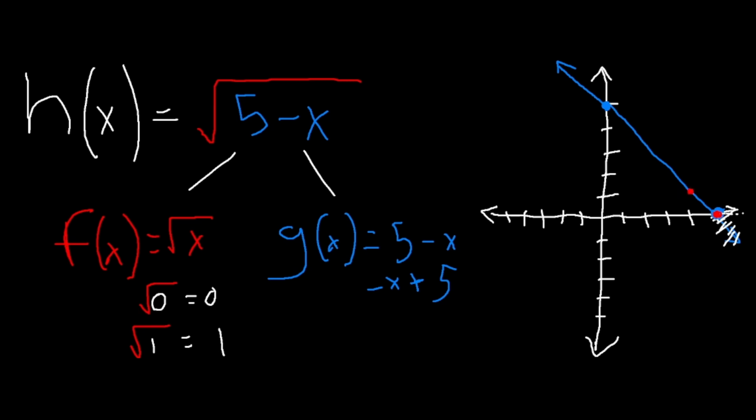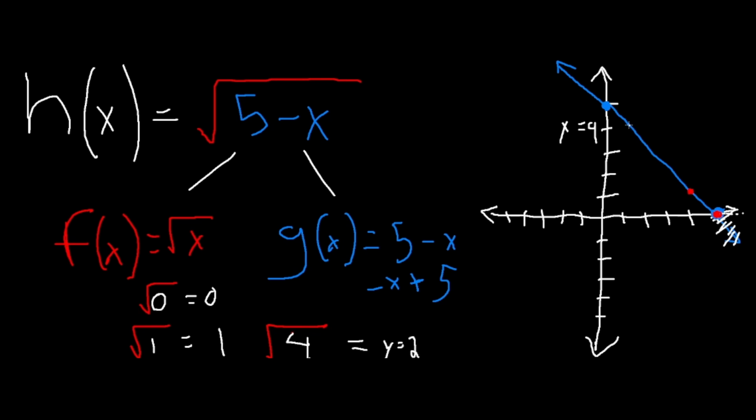So here's where it changes. If I wanted to plug in y equals 2, then I'd have to do the square root of 2, and that's irrational. So that's going to be kind of tricky to do. So we're going to move up to a perfect square. So we can move up to y equals 4, because 4 is a perfect square. And then we know that if we do the square root of 4, our output y value is going to be 2.